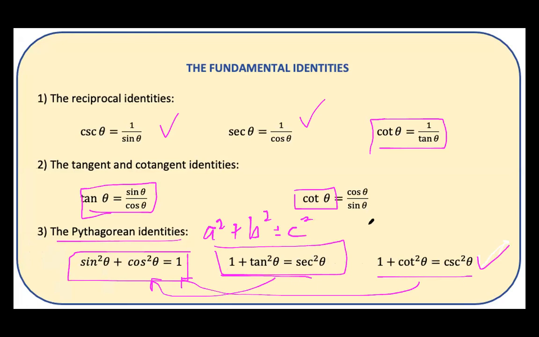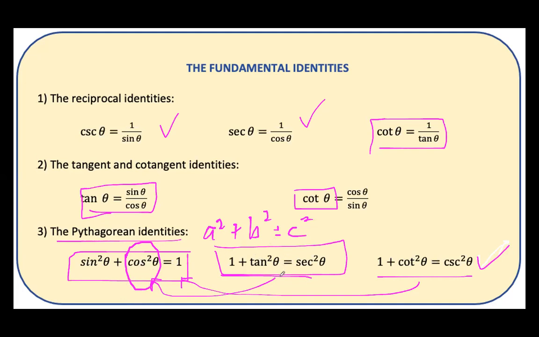Now, the question here is, sir, how do we know which one we will derive? That's a good question. It depends, class, on what you divide by. For example, you're aiming for cotangent. Since cotangent is equal to cosine over sine, you need to divide this by sine. Why? Because you are aiming for cotangent. Cosine, what should be the denominator? It should be sine in order to have a cotangent.